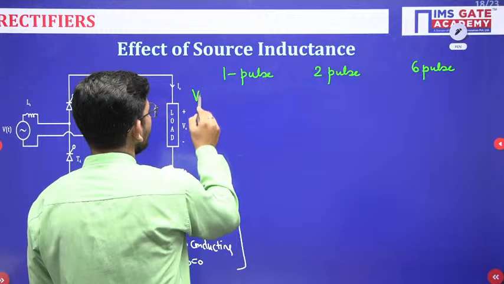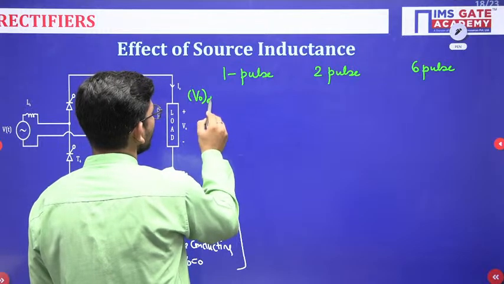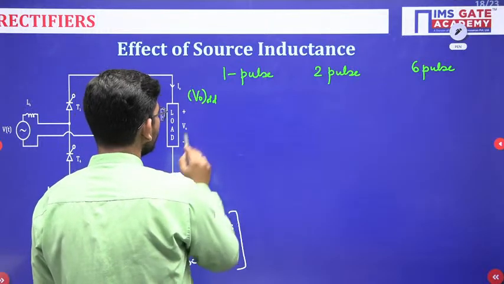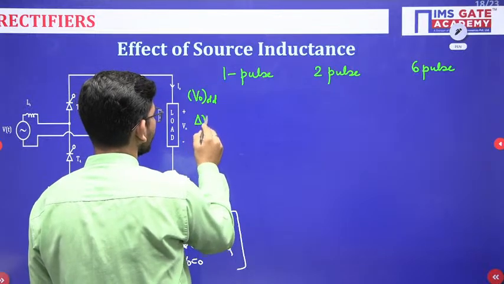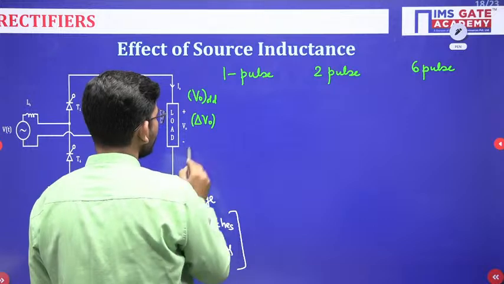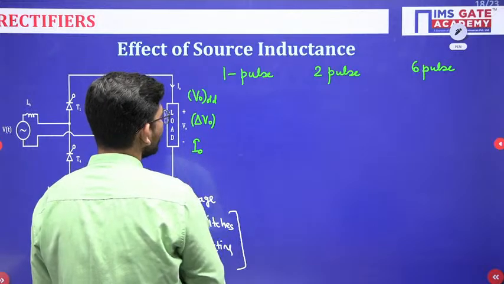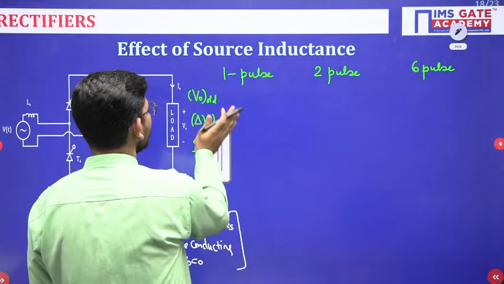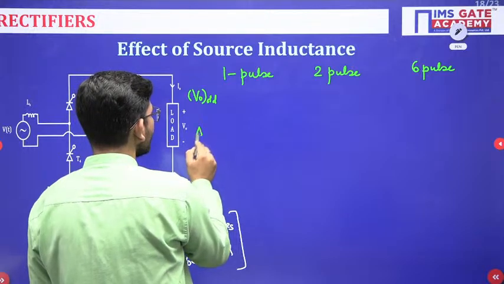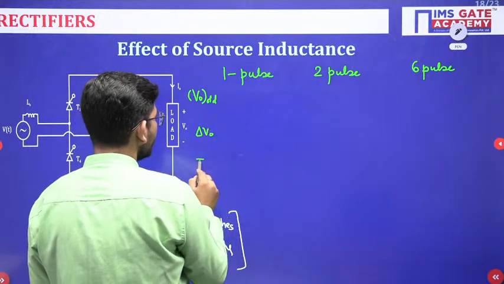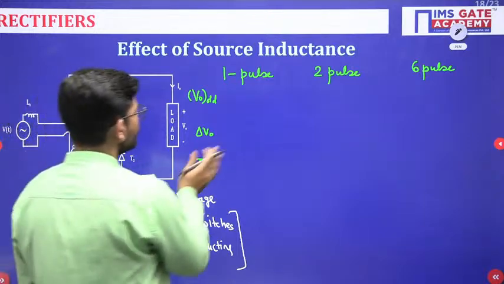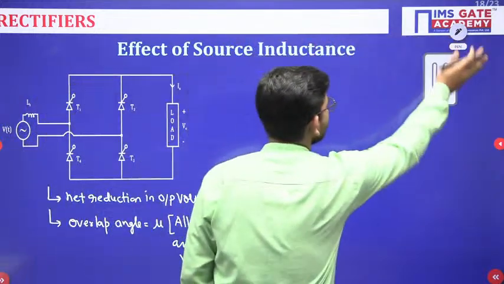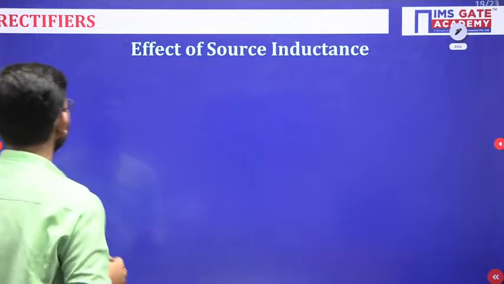So V naught average old, then the reduction, del V naught, and then what will be the expression for I naught average. If we discuss these 3 parameters, V naught old, what will be the reduction, and then the average output current, what will be the formula of this in all these 3 cases? Okay, let me use another page, so we will get more space.